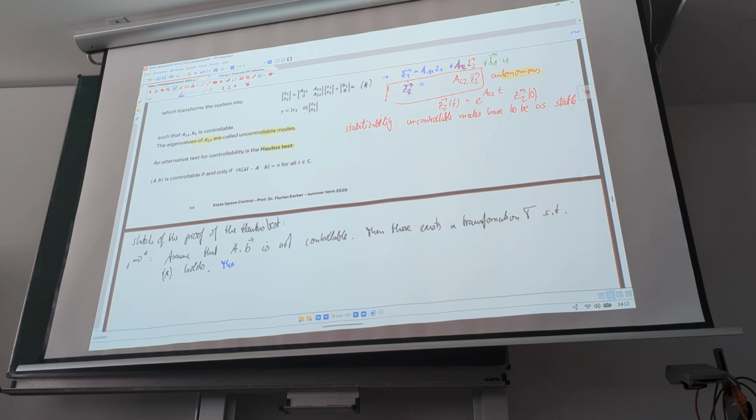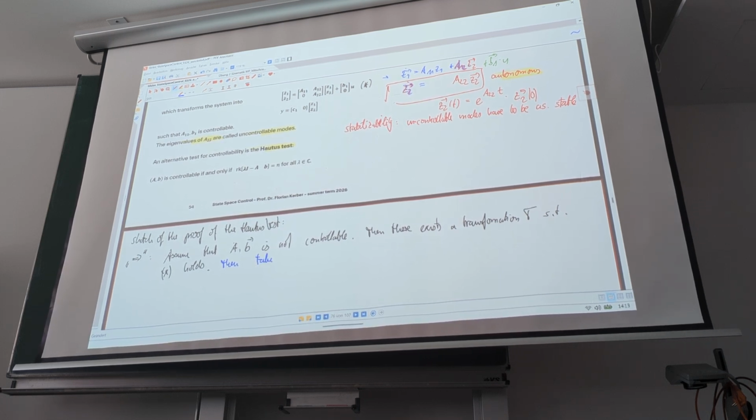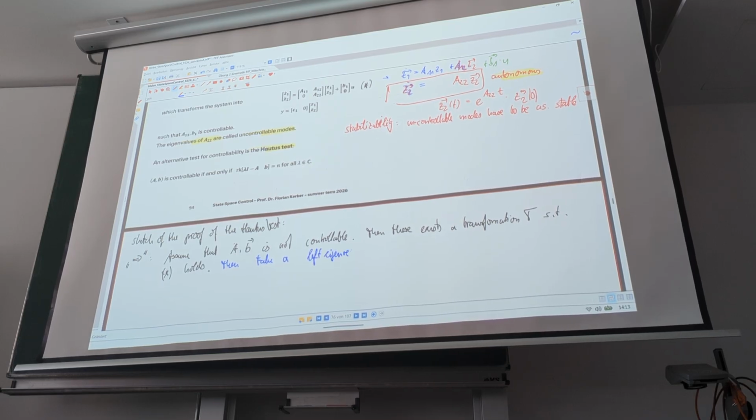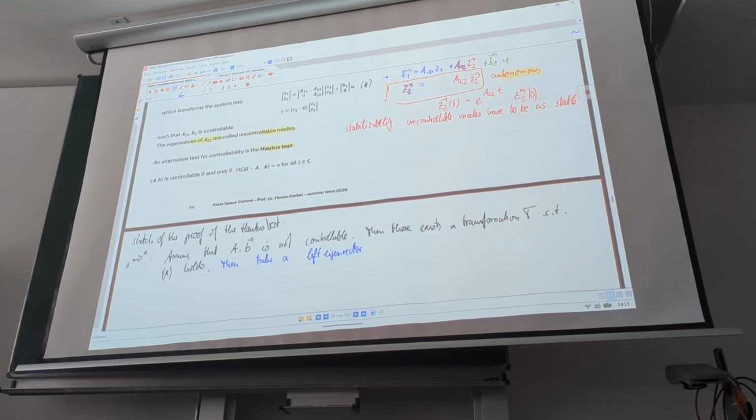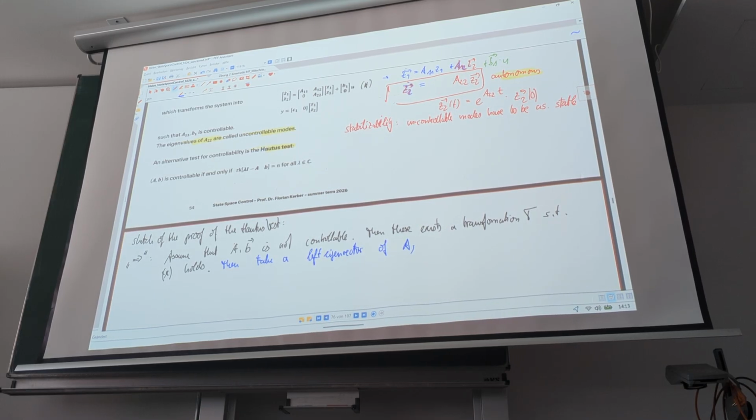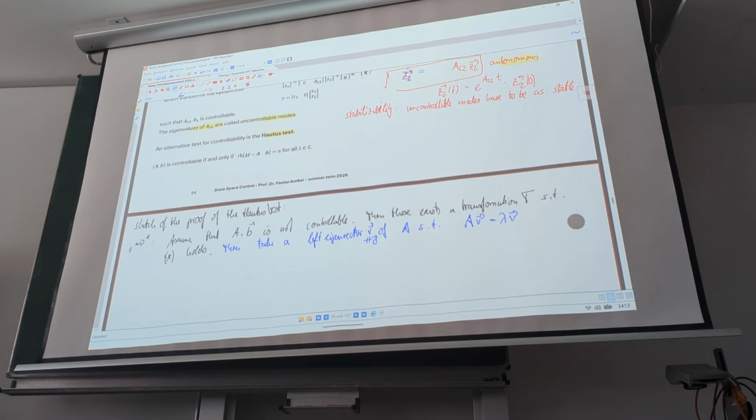So then construct or take a left eigenvector of A22, I call this v, such that v is not equal to 0 and v transpose A22 equals lambda v transpose. Then we construct a vector which we multiply from the left to this whole thing.